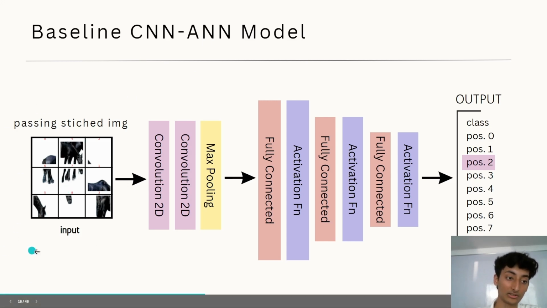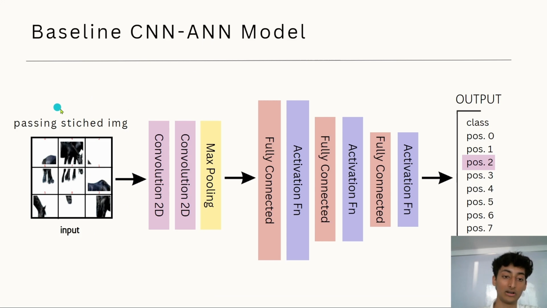Let's say you have this image, a stitched image, being passed in. Our model will extract each particular piece from this. We'll use convolution, then we'll do max pooling.